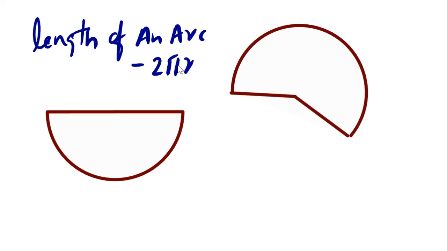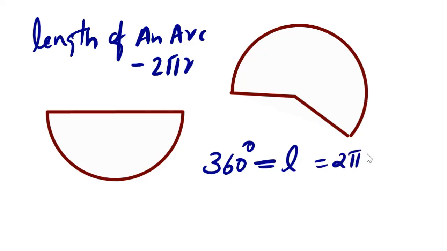If a small part of the circle is missing, the arc will be less than 2 pi r depending upon the angle. Just like sector, arc is also depending upon the central angle. That means if the measure of the central angle is 360 degree, the arc will be having a length equal to 2 pi r.